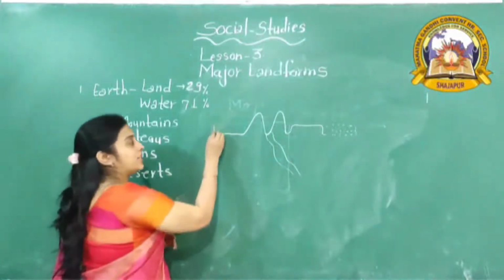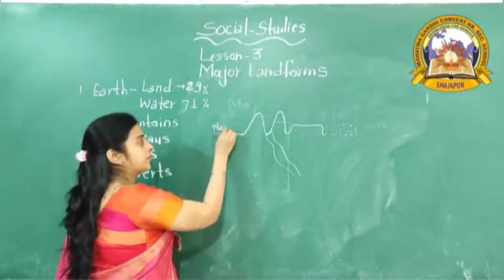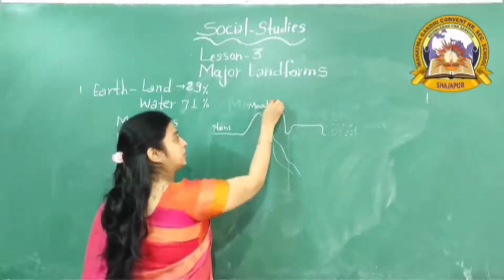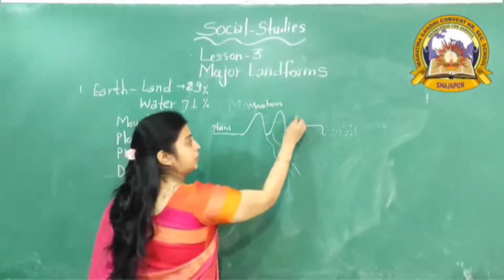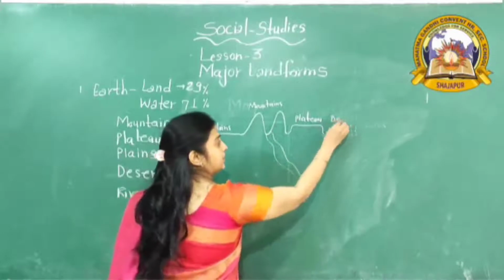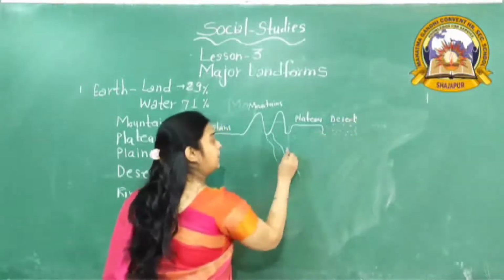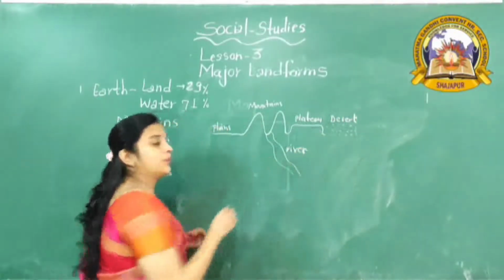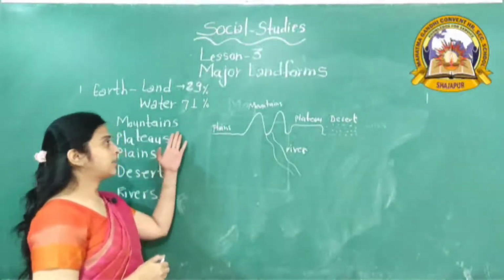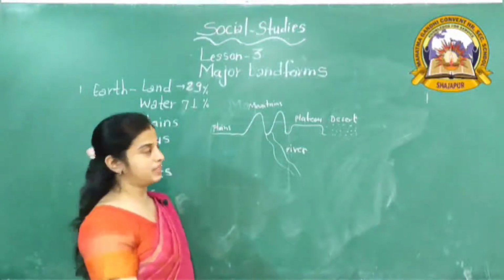Now, plains, mountains, plateau, desert and river. Okay, let's start with mountains.